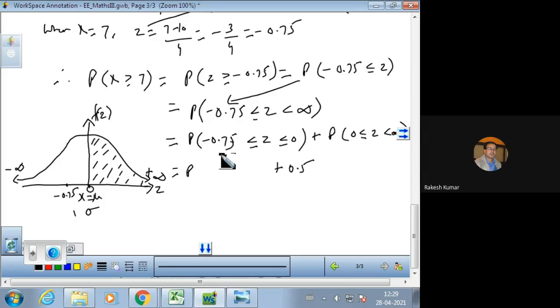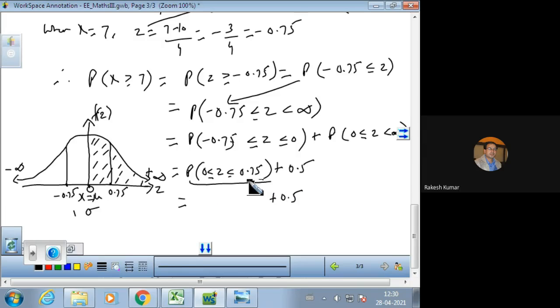And you know that negative पर area कभी भी नहीं होता है, जितना minus 0.75 to 0 तक का area होगा, जितना ये जो blank area होगा उसी के accordingly 0.75 point इधर भी होगा, so that will be positive point, तो उतना ही area ये वाला होगा because the normal curve is symmetrical. So negative 0.75 to 0 can be written as 0 to 0.75 and plus 0.5 as it is.